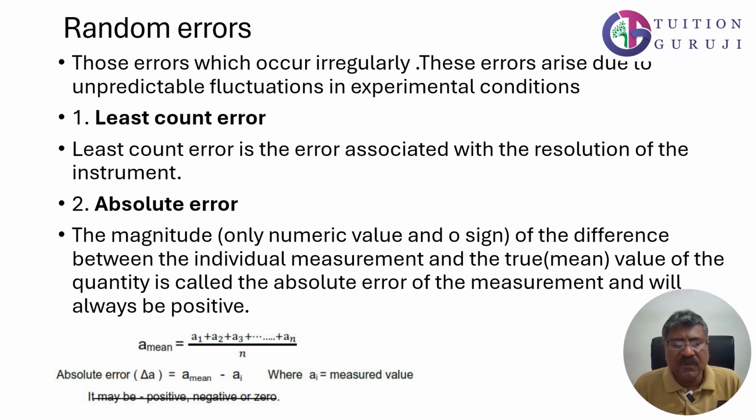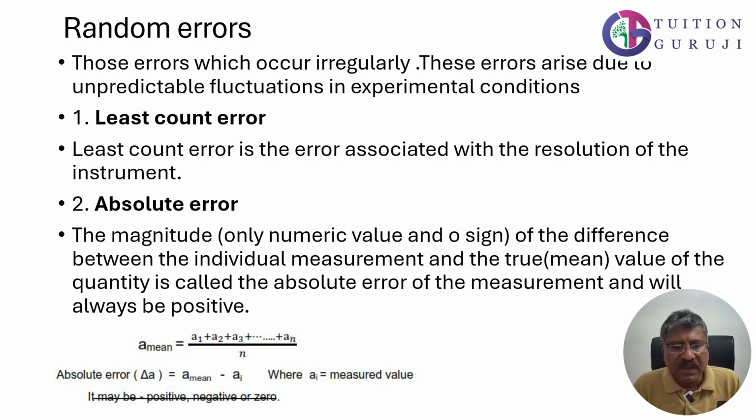Therefore, the least count is 0.1. It will be 1 by 10, that will be 0.1. Absolute error, on the other hand, is the magnitude of the difference between the individual measured values and the mean or true value of the quantity.